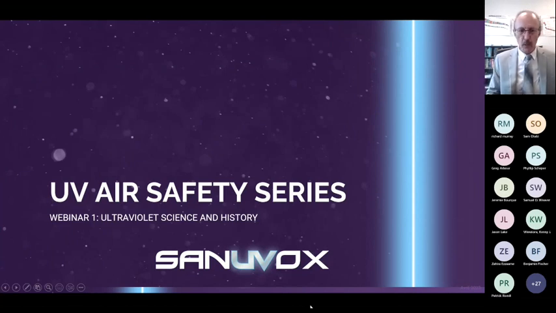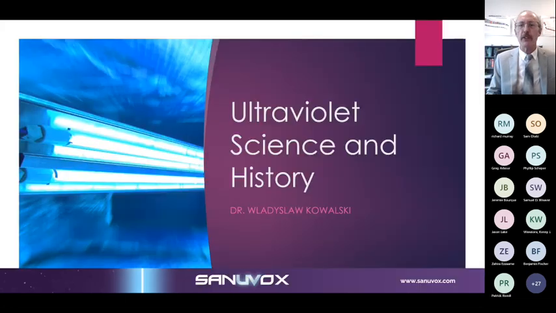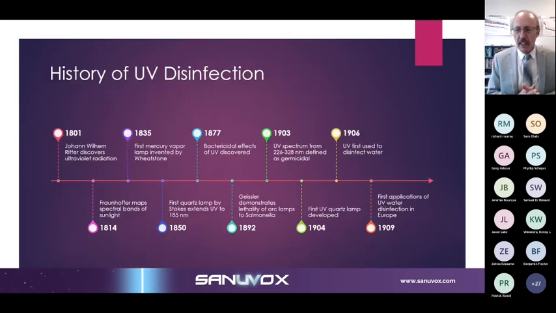This is the first webinar in a series of UV air safety webinars, and we're addressing ultraviolet science and history today. Let's go through the history of ultraviolet disinfection. The history of UV goes way back to 1801, when ultraviolet radiation was first discovered in the spectrum of sunlight.